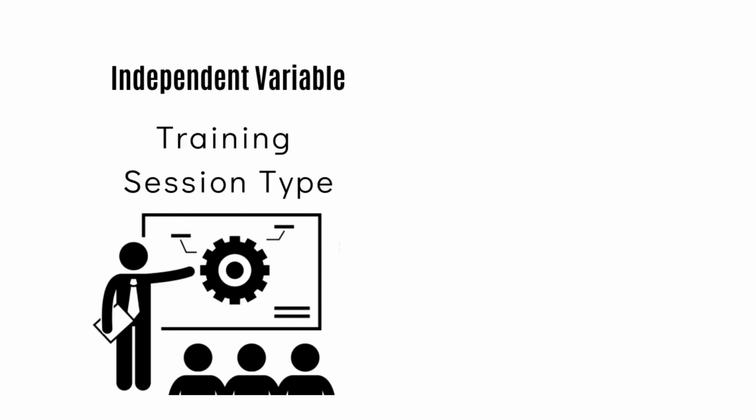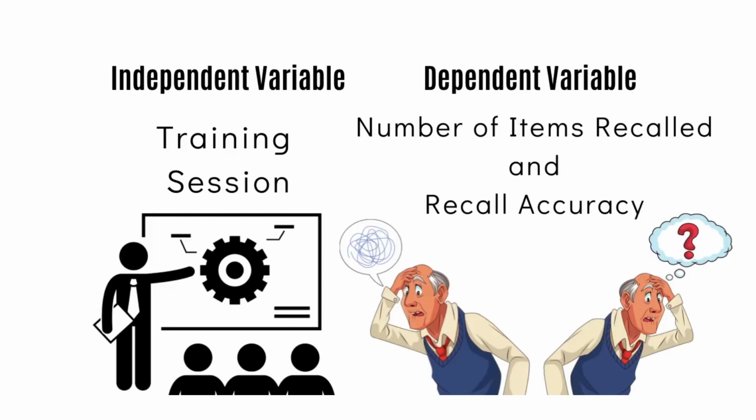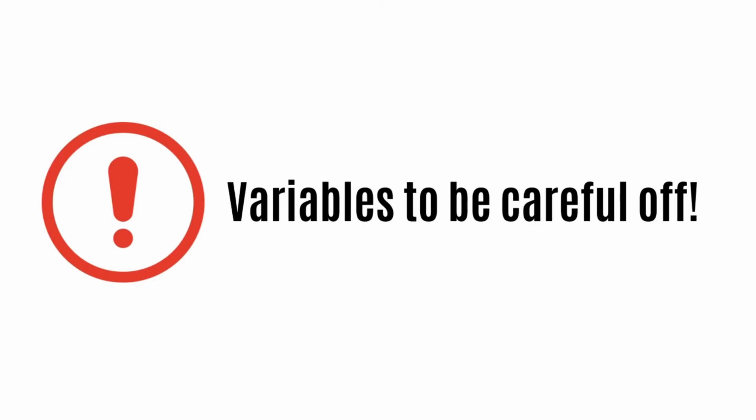The dependent variable, on the other hand, was the number of items recalled and the recall accuracy, because these aspects were dependent on the type of training session the participants were subjected to. So hopefully that consolidates your understanding of independent and dependent variables. Let's now move on to the last part of the video that talks about the variables that we need to be careful of.